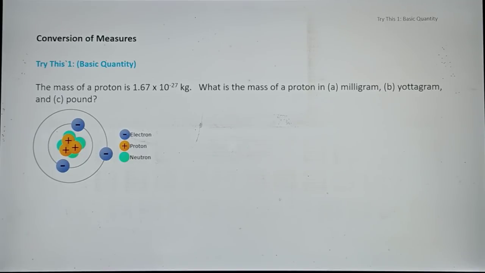Employing the concept of measurement and the conversions you learned, this is the problem. The mass of a proton is 1.67 times 10 raised to negative 27 kilograms. What is the mass of a proton in A, milligrams, B, yottagrams, and C, pounds?